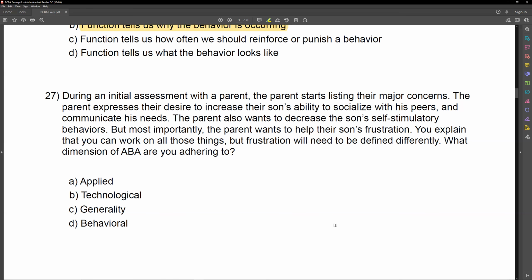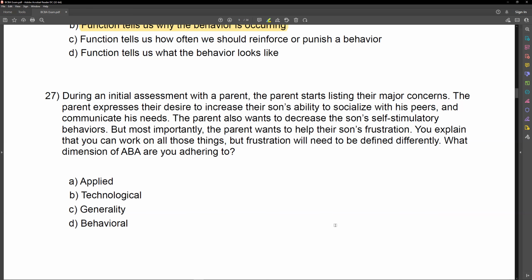Well, applied, right? Applied is we're looking at socially valid behaviors, right? Frustration is clearly socially valid. It hinders their ability to socialize or achieve academically, okay? But that's not what we're talking about here. We're looking at we want a more observable and measurable definition, right? So A is not necessarily what we're addressing here, okay?